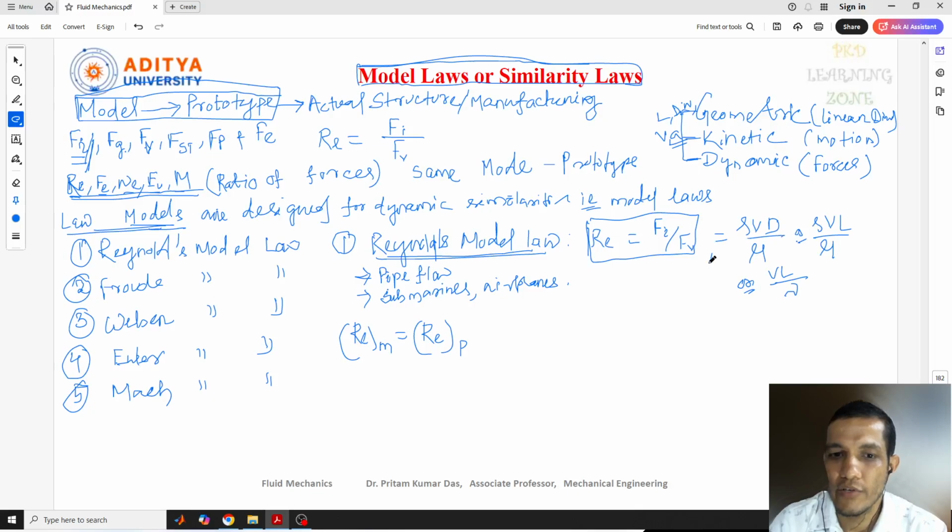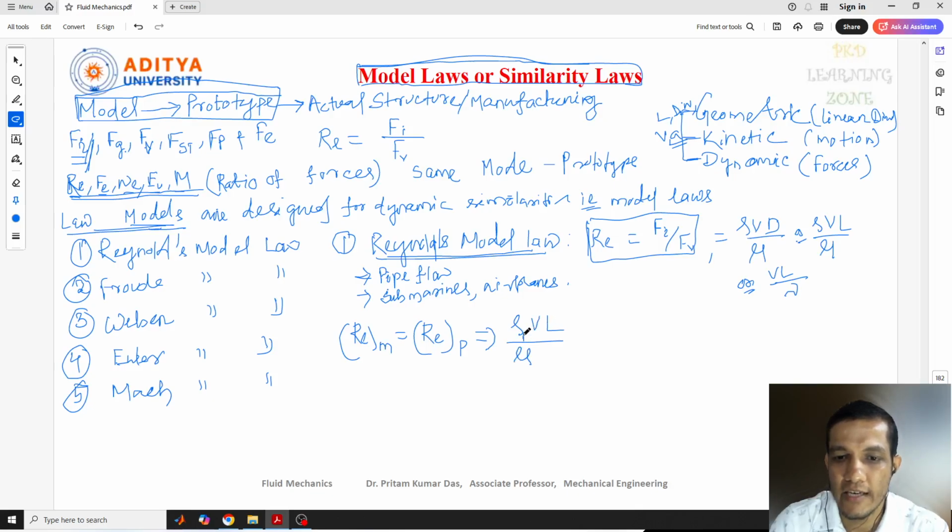So what are the terms we need to consider to write this? We need to consider the velocity. Suppose I write this equation this way. Reynolds number for the model is rho, V, and L, I will take the dimension here, divided by mu. This is for the model.